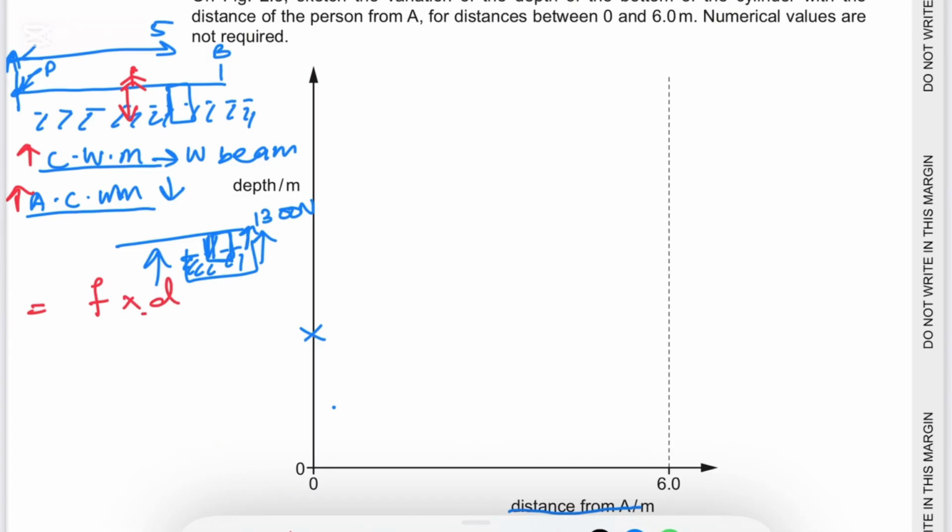Since we are not talking about the distance of the beam from the pivot, we are only considering the force that results from the cylinder to the beam due to the depth of the cylinder. We'll consider how this force must change. So anti-clockwise moment is increasing, therefore the force from the cylinder on the beam must increase.